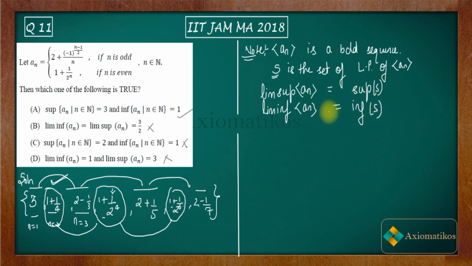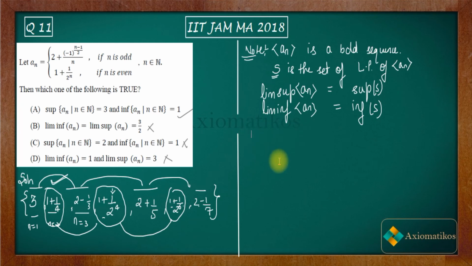Now try to think over this, what will be the set of limit points for your sequence an. So an is defined piecewise. Firstly, I will try to find out the limit when n is even. So let me consider that n is even.